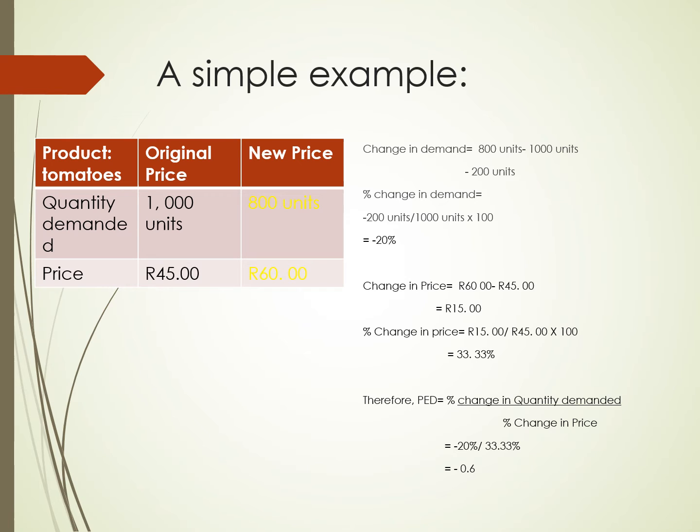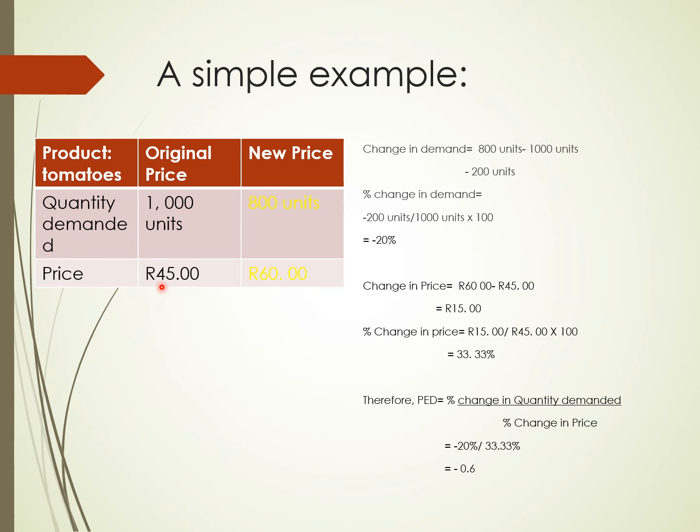Now let us look at a simple example of calculating the price elasticity of demand. We've got our frequency table here, our product, tomatoes, and then we've got quantity demanded and the price. Remember that the price is always on our y-axis and our quantity demanded is always on our x-axis.